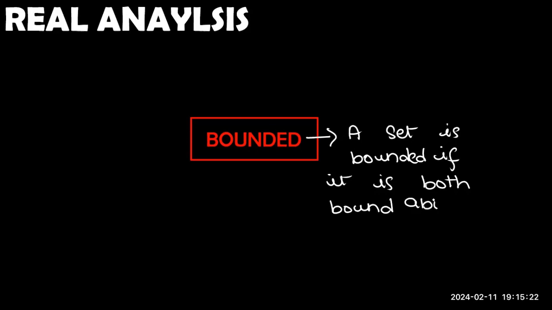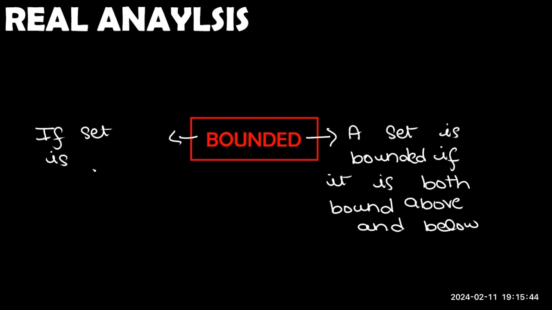It means that this set has an upper bound as well as a lower bound. Meaning the upper bound and the lower bound of the set exist. So the set is called a bounded set. Similarly, if a set is unbounded, then it is not bounded.